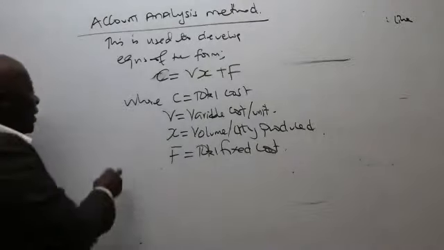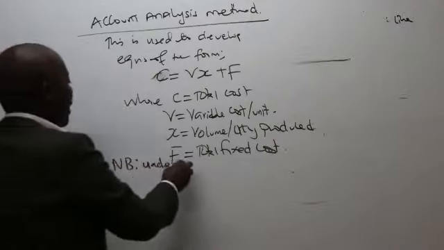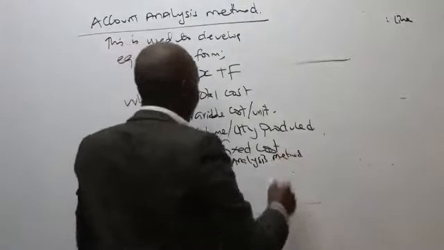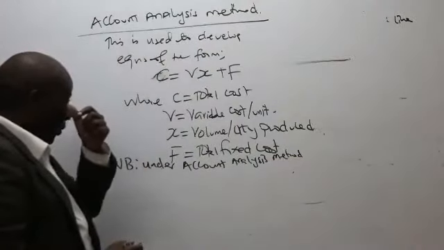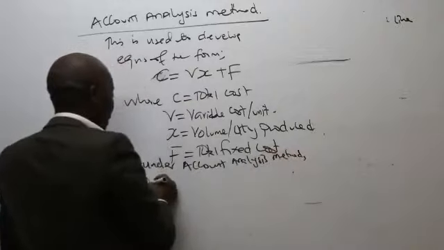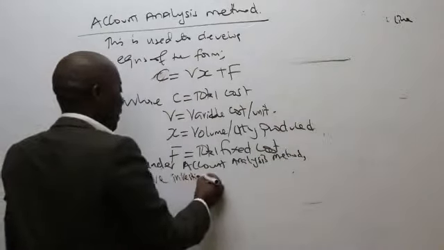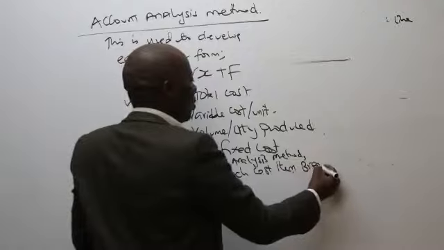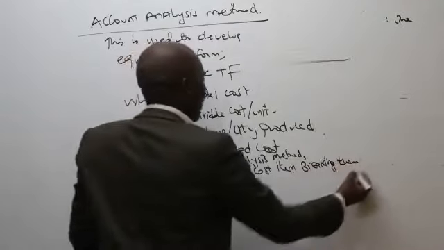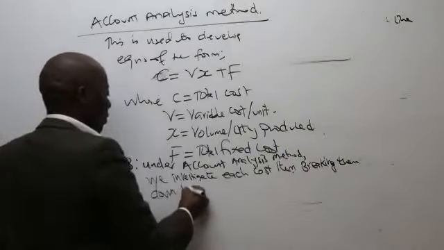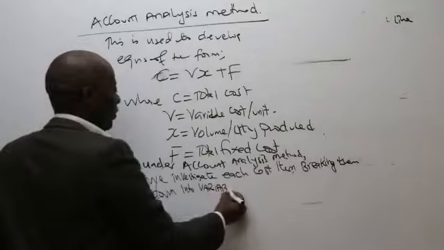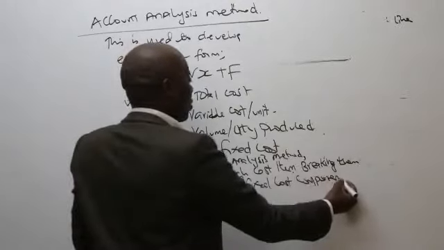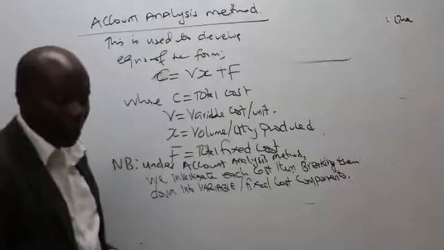So the other thing you're supposed to know is that under the account analysis method, we investigate each cost item, breaking them down into variable/fixed cost components.